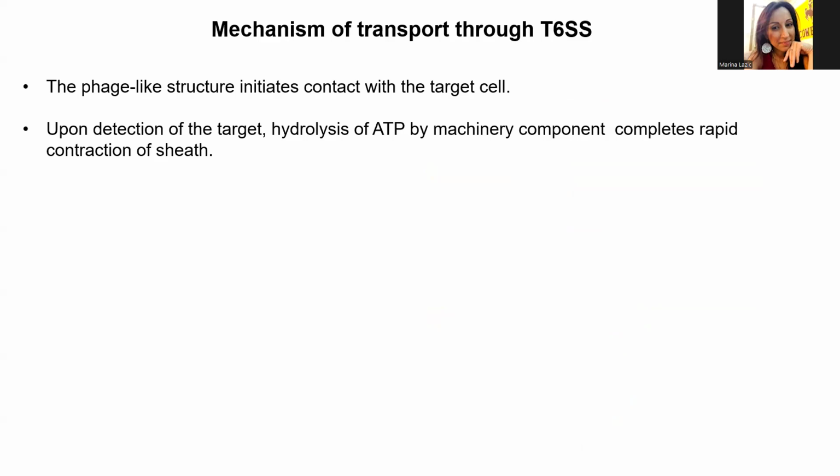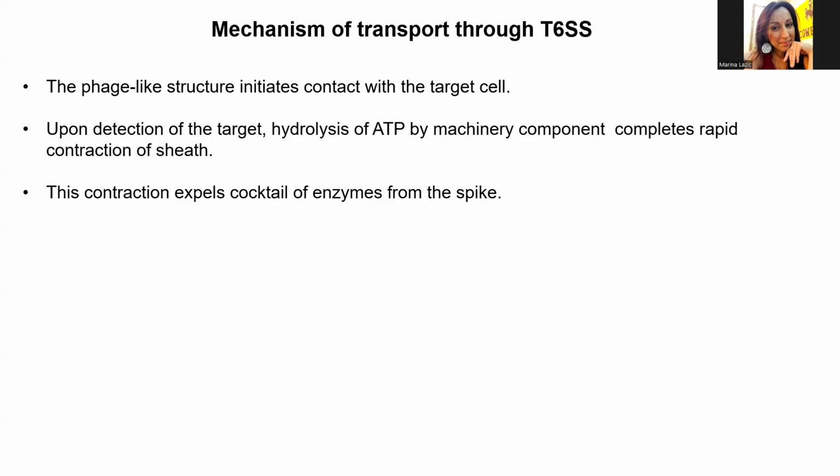Upon detection of the target, like when they touch a bacterial cell or host cell, there will be ATP hydrolysis, and that ATP hydrolysis will drive complex formation of that sheath. And it literally looks like a piston that exports protein, very similar to the type 3 secretion system, like an injectosome. So a cocktail of enzymes, which are usually hydrolytic enzymes, and they will be different.